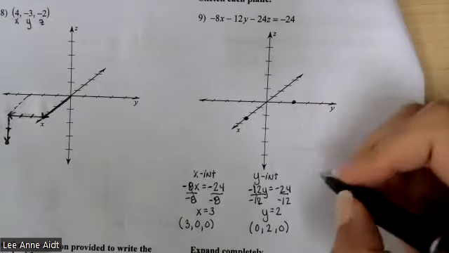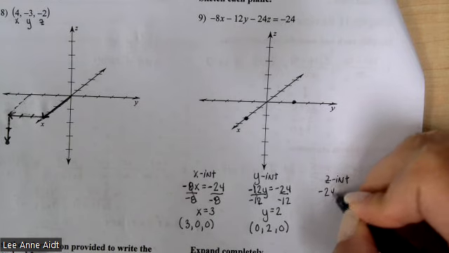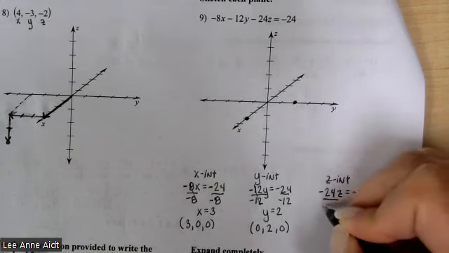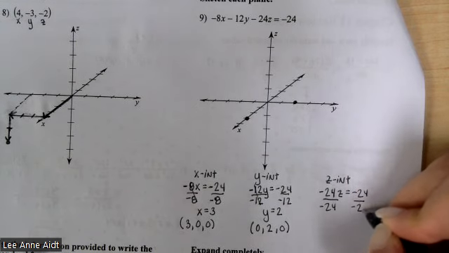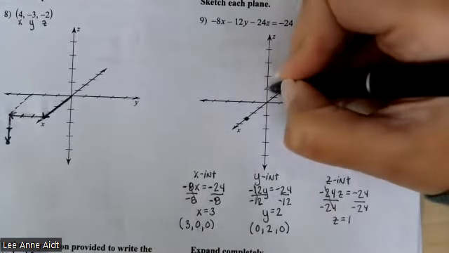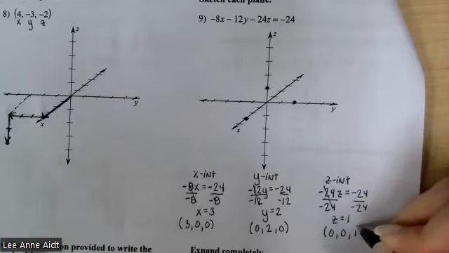Okay. And then z-intercept, negative 24, z equals negative 24. Z equals 1, 0, 0, 1.